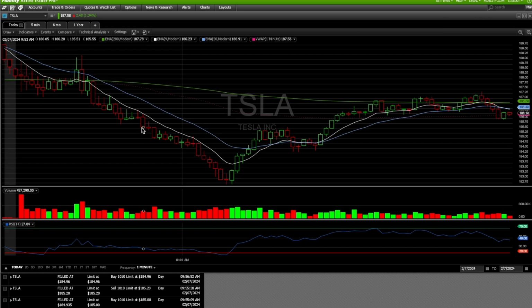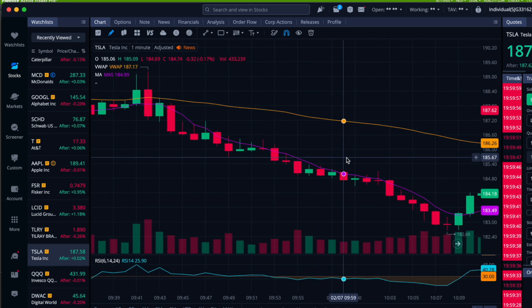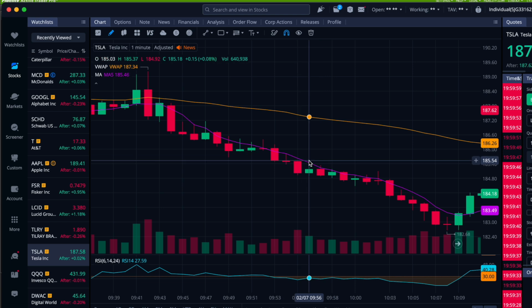Within this candle, it went literally up 1 point and down 1 point. From 185.54 all the way down to 184.96. So I did get the bottom on that, 184.97 I bought at, and then sold at 185.2. That's where I got out of the first trade.